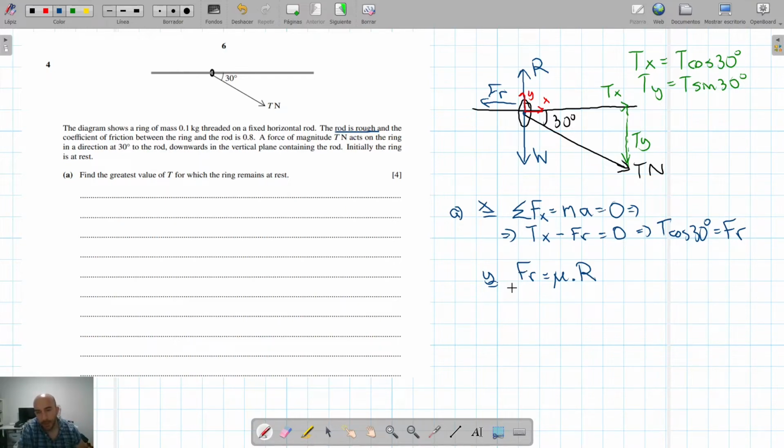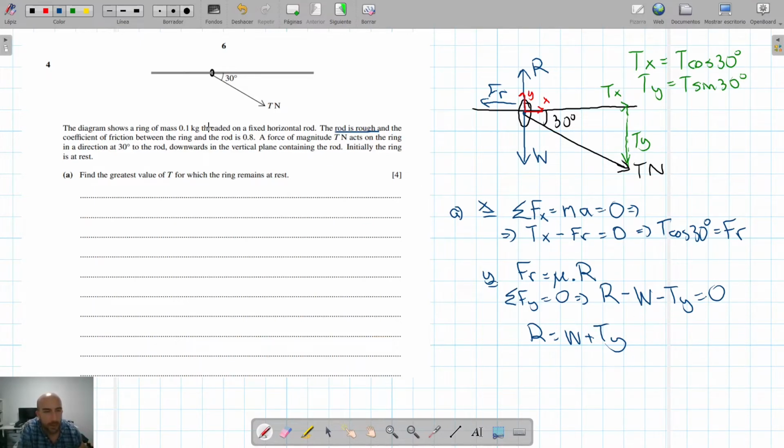So our second law of motion in the y-axis is also 0 because there's no movement, and in the y-axis we have R minus W and minus Ty equals 0. So R equals W plus Ty. Okay, which is logical because if not, the rod would break.